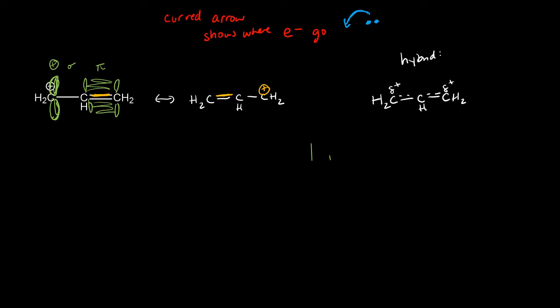So they're going to stay attached on one side and then reattach in a new place on the other side. So we can draw that for our first resonance structure here to help us see how we get to the second one.